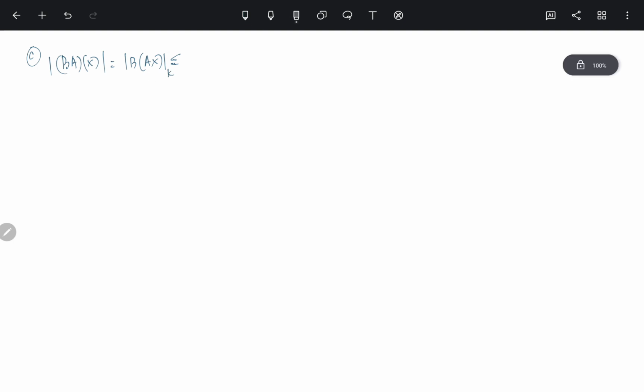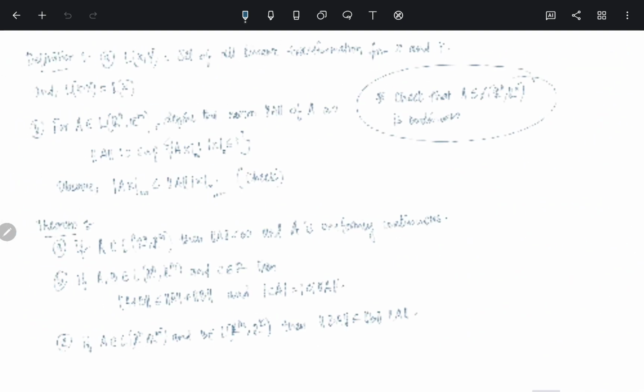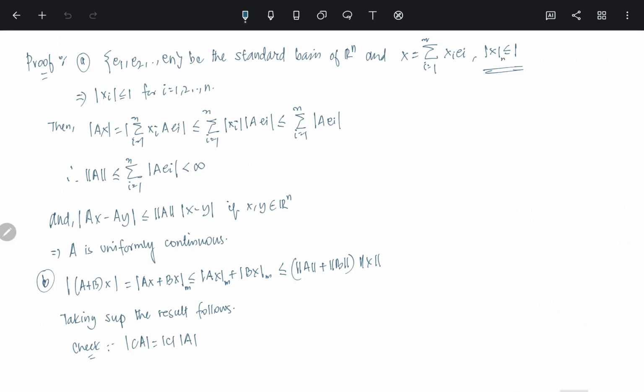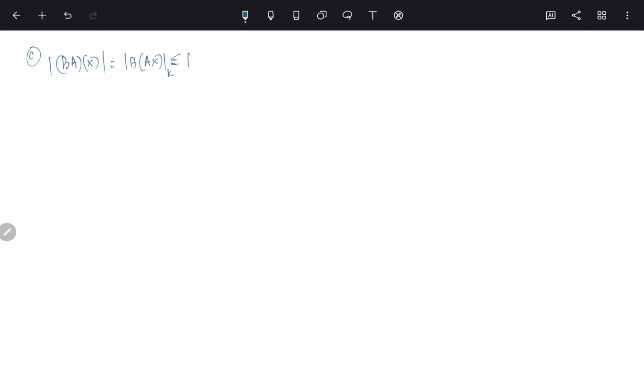Now we can use this inequality again: the norm of A x is dominated by the norm of A times the norm of x. So this is dominated by the norm of B times the norm of A x, and that is dominated by the norm of B times the norm of A times the norm of x.